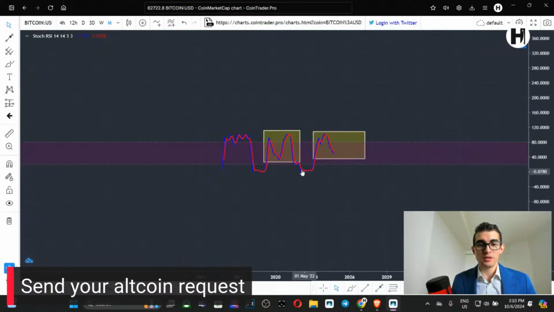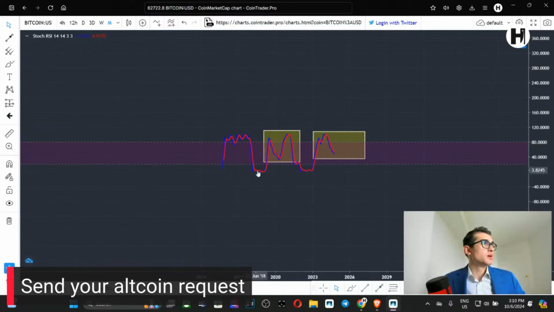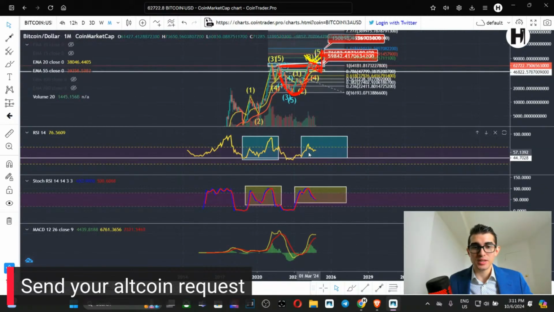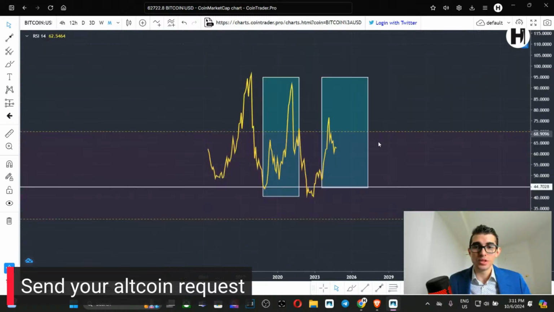Like if you're expecting these kind of values, then that's not going to happen. But we are possibly going to go slightly lower to maybe meet this March 2020 low from the COVID crash that we had 4 years ago or 4.5 years ago. But overall, the stochastic has recovered enough. The RSI here has recovered, in my opinion, enough for another move to the upside.